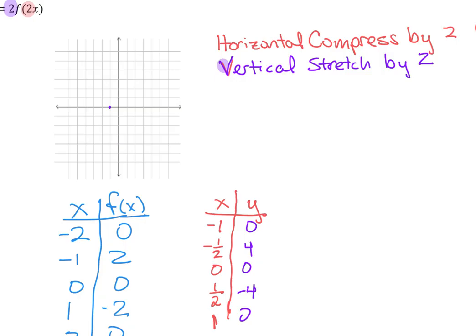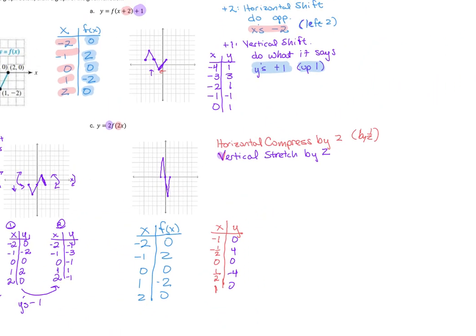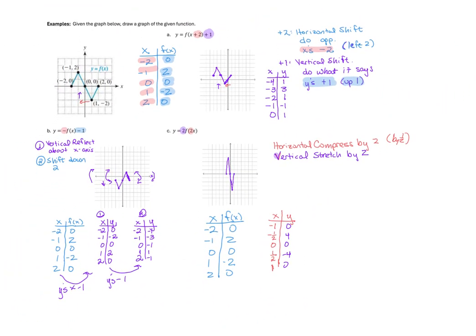We have negative 1, 0. We have negative 1/2, 4. We have 0, 0. We have 1/2, negative 4. And we have 1, 0. What we're doing is squishing it from side to side and stretching it vertically. We should get something that looks like this.